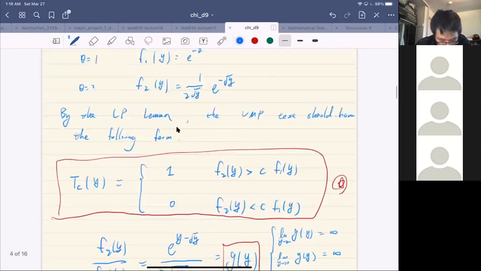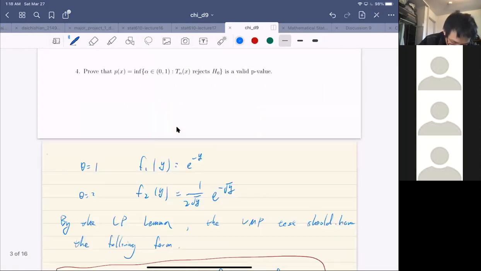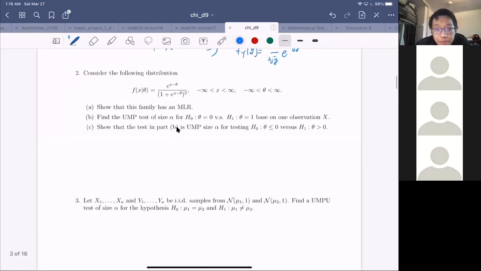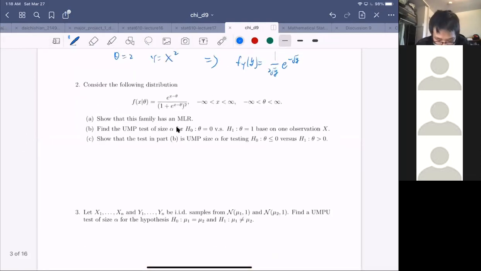Okay, so next is question 1. And now please do question 2. First, you have to check the monotone likelihood ratio. I think this is an old version, I deleted this question.